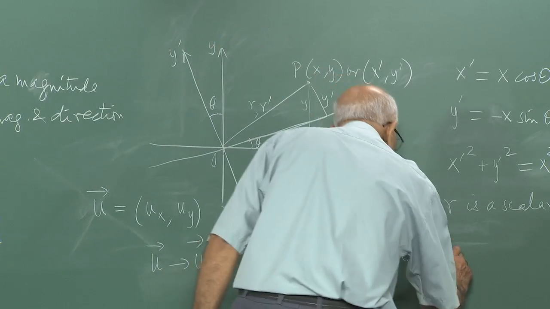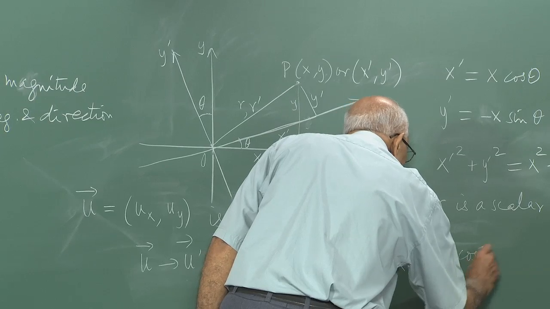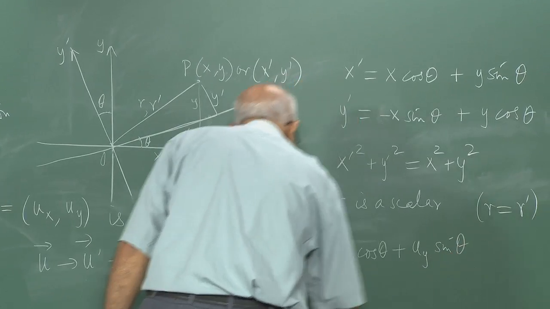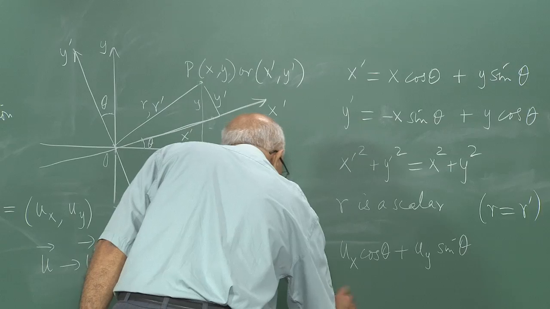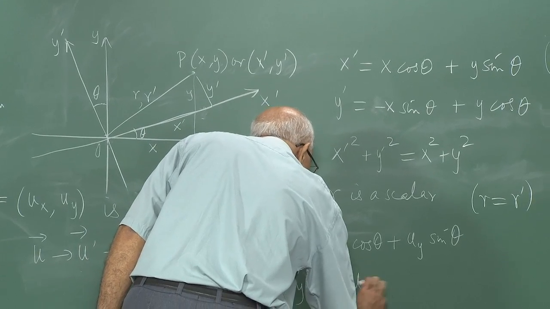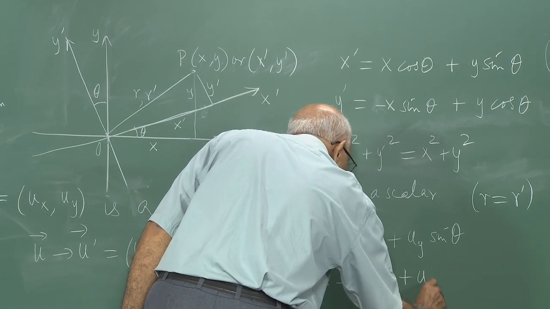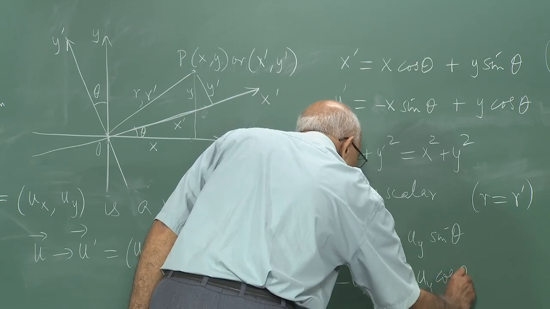So it must be equal to ux cos theta plus uy sin theta, and uy prime must be equal to minus ux sin theta plus uy cos theta.